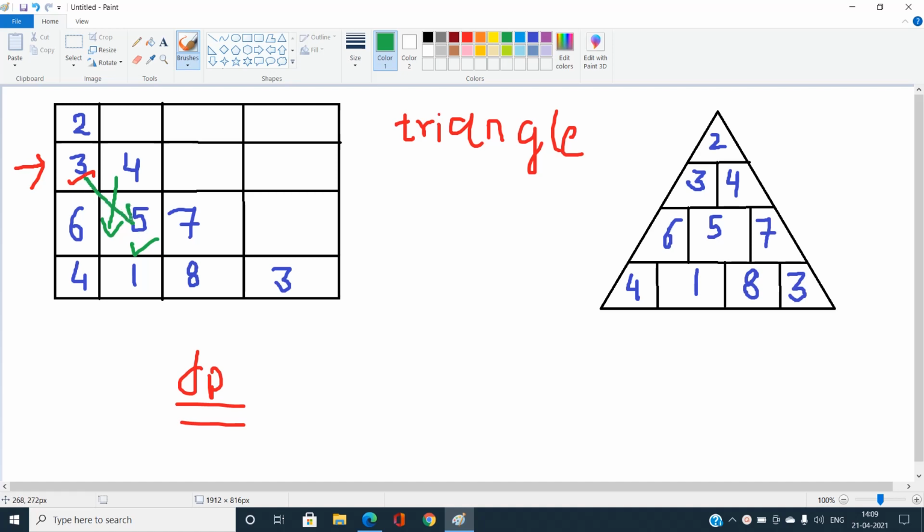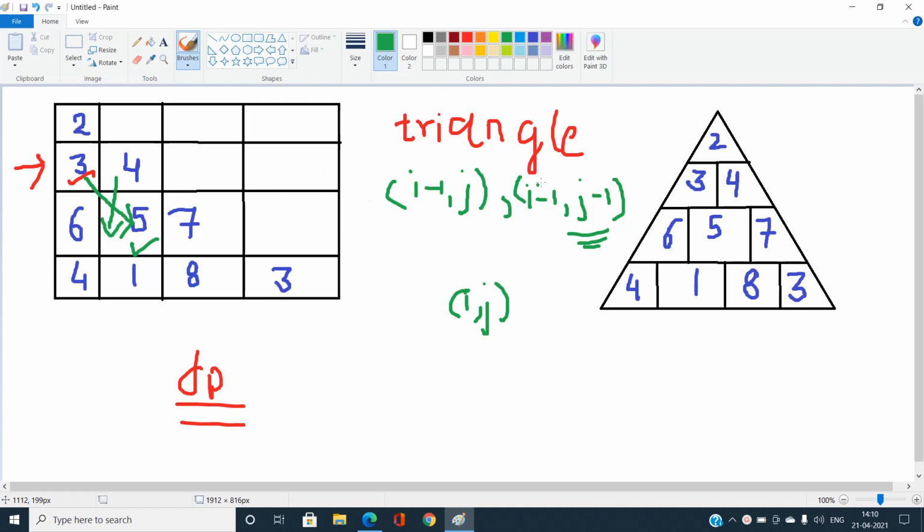So for i and j in general, we can always come from i minus 1, j, or we can come from i minus 1, j minus 1, if this j minus 1 is valid for this triangle.